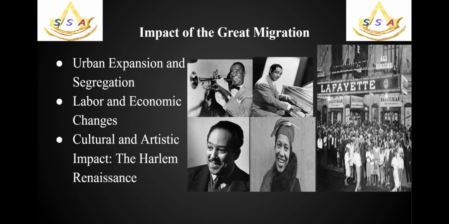So the impact of the Great Migration. A lot of the impact comes with, for one, urban expansion and segregation. African Americans faced a lot of systemic housing discrimination through restrictive covenants, which were contracts that prohibited the sale of homes to Black families. And you had redlining, which was pretty much government-backed policies by the Home Owners' Loan Corporation that denied Black neighborhoods access to mortgages.